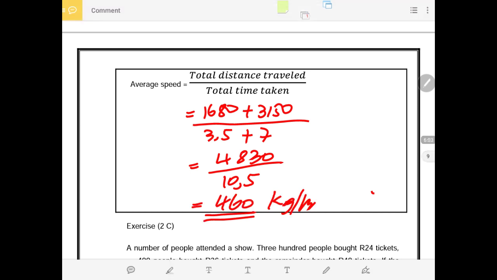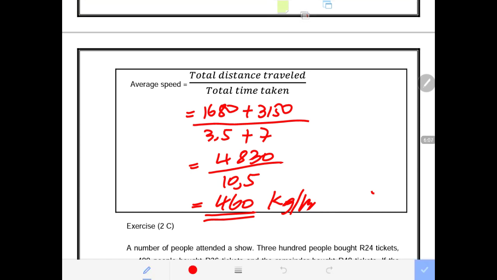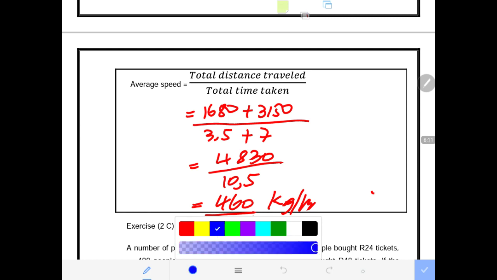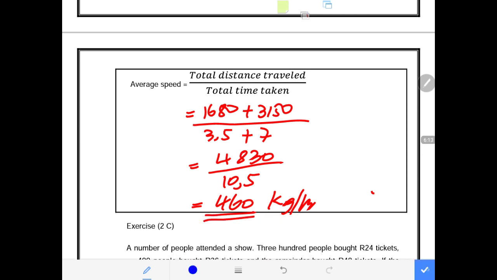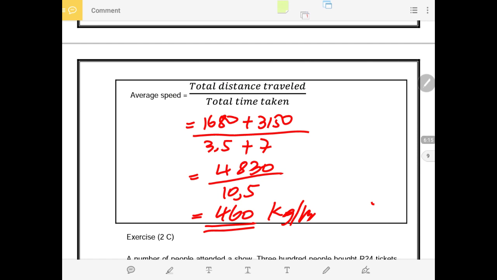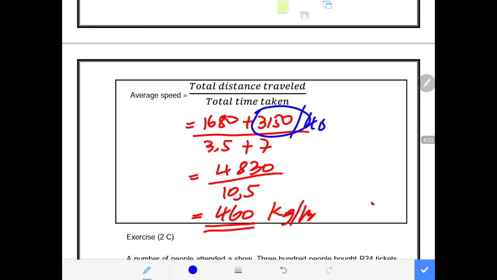As I said to you, most of the time you'll be given the go-ahead formula. This is very similar to what we did previously, because in this case we are provided with the total distance traveled, the remaining distance, and the speed, which is 450, and we needed to find time.